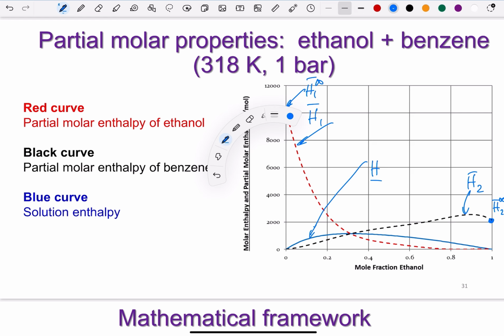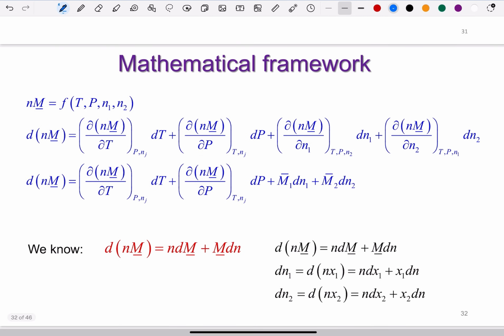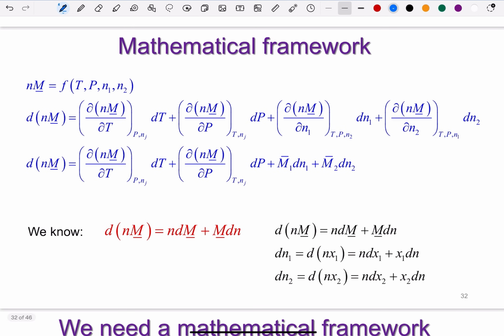Okay, now let's chat a little bit about the mathematical framework that I introduced. So why does it work? Why does that definition of the partial derivative for component i, with respect to changing the number of moles of component i, automatically satisfy that relationship where the molar property of the mixture is just x1 M1 plus x2 M2, and so on and so forth?